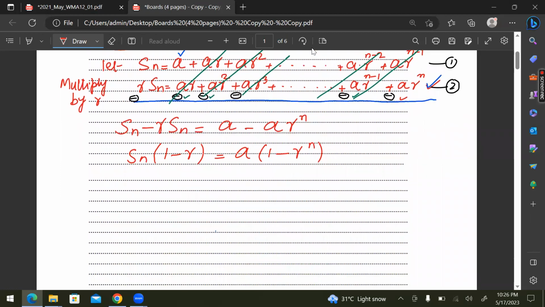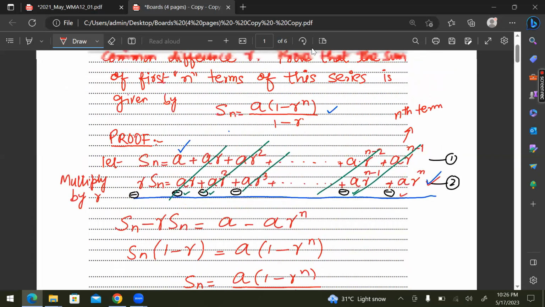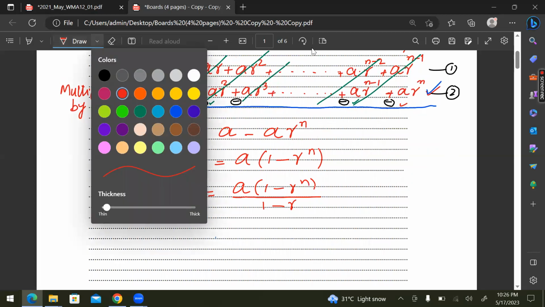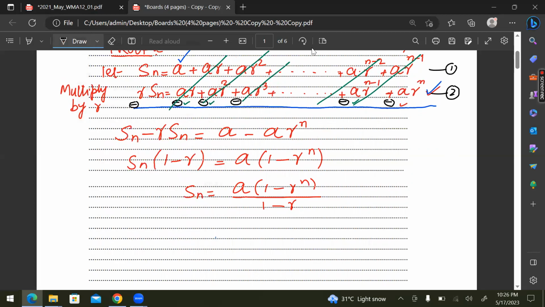What I can do next, I can divide by 1 - r. So Sn = a(1 - r^n)/(1 - r). This is what we wanted to prove. So this is the formula for the sum of the first n terms of a geometric series, and here is the proof.